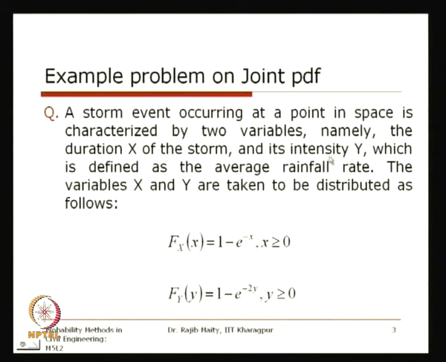The rainfall intensity is also analyzed to see which distribution it follows, and we found that this is also an exponential distribution with lambda equal to 2, with cumulative distribution 1 minus e power minus 2y. Both x and y are greater than 0.